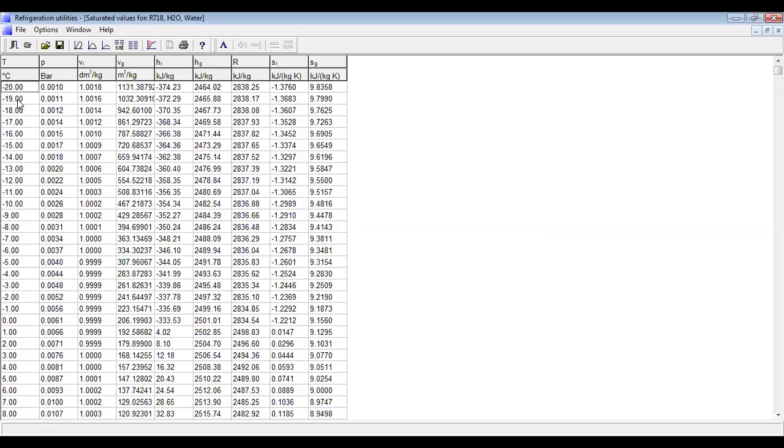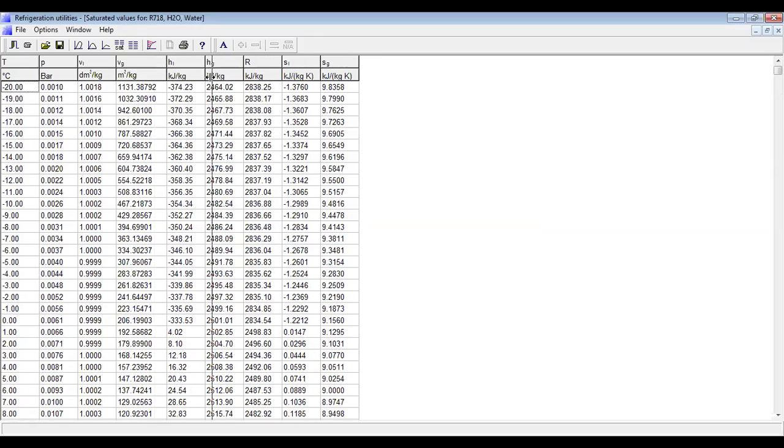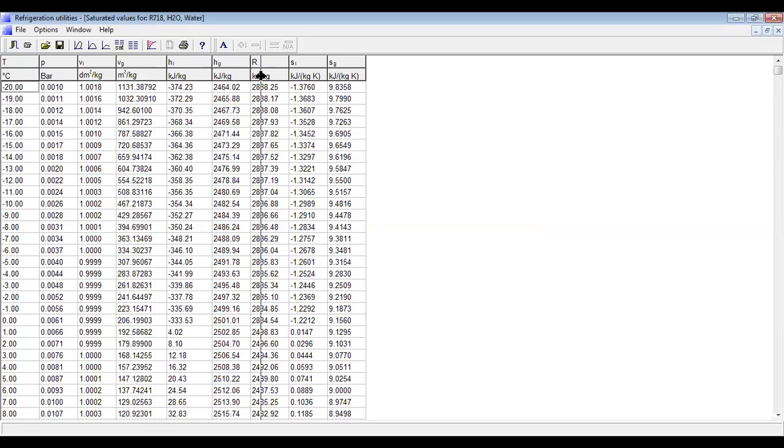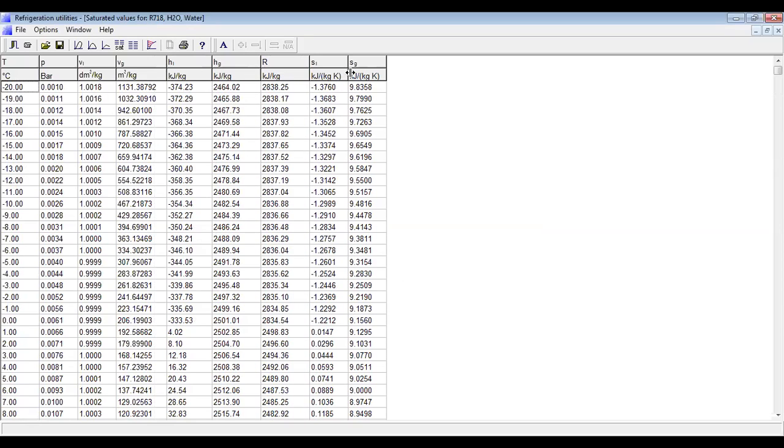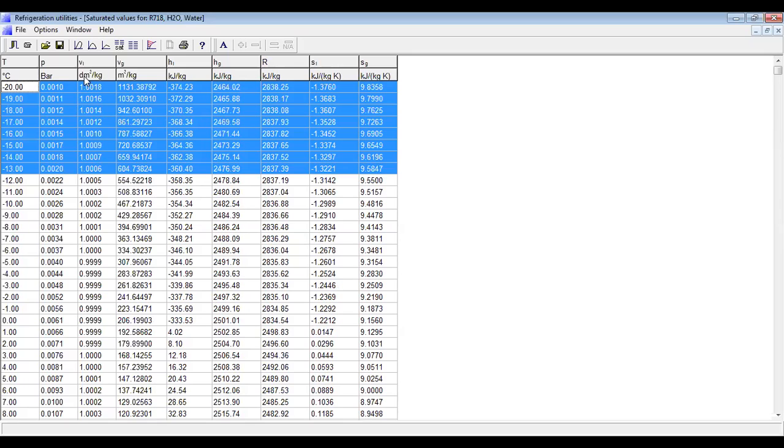Even there may be a possibility to copy to the clipboard. We can adjust the columns as well, the column widths and all. So it is good, it seems. But I don't know whether it is possible to copy.